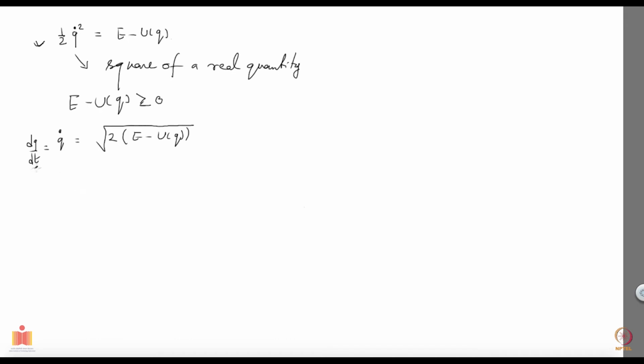Basically, I'm taking dt there, and I'll bring this expression below dq, and I'll do the integral, which will give me t to be the integral of dq over the square root of 2 times E minus U of q, and there'll be a constant of integration. Okay, that's what you get, and let me just put the integration variable to be q prime.